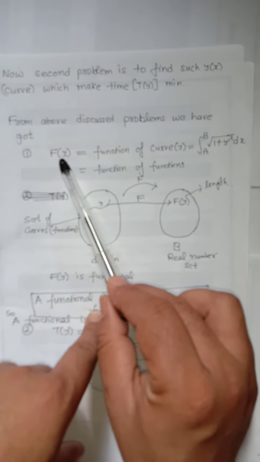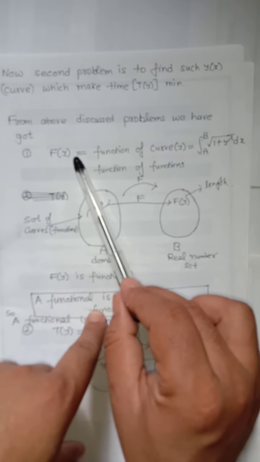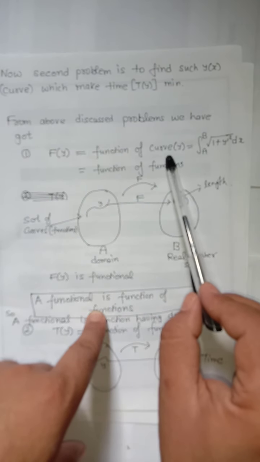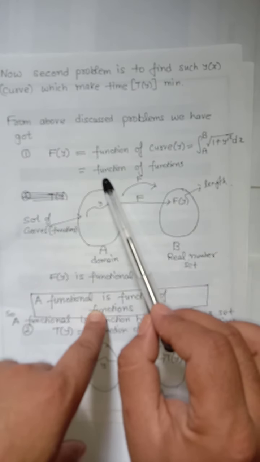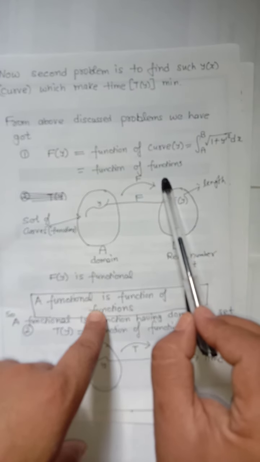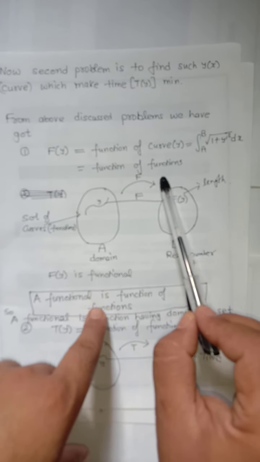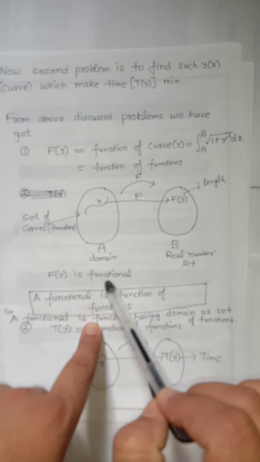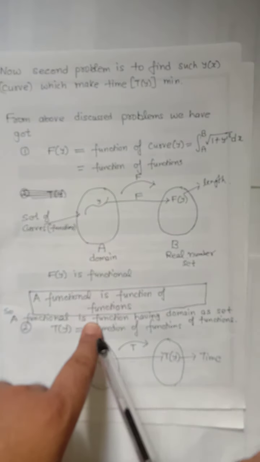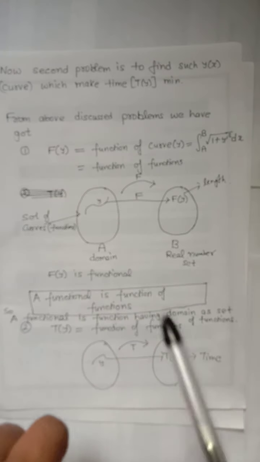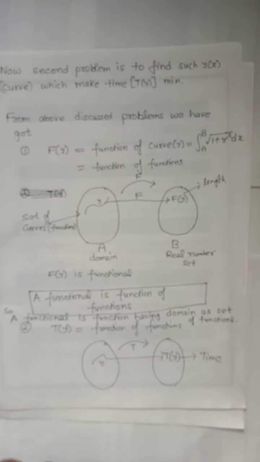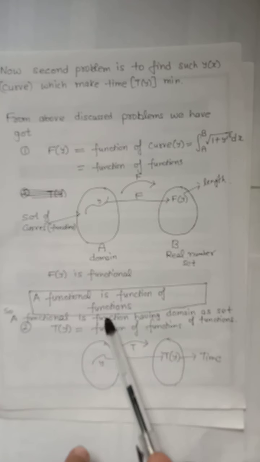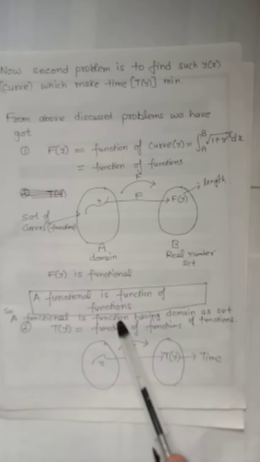This means f(y) is a special type of function. It is a function of curves, or in other words, a function of functions. That special type of function is known as a functional. So I can write it: a functional is a function of functions.